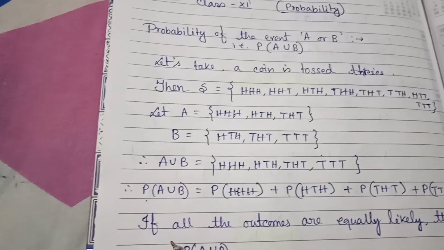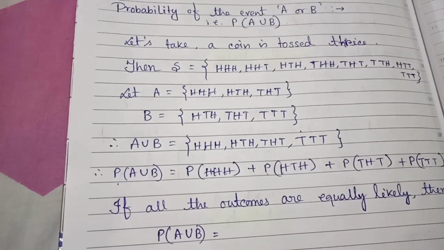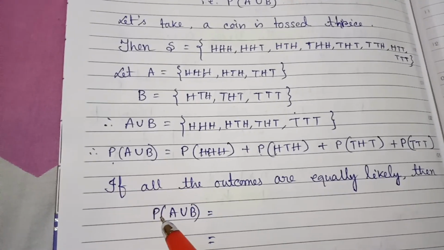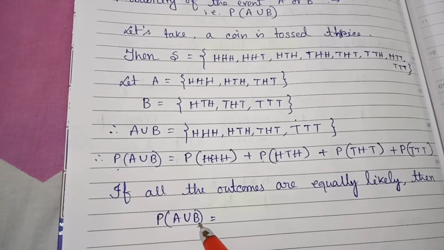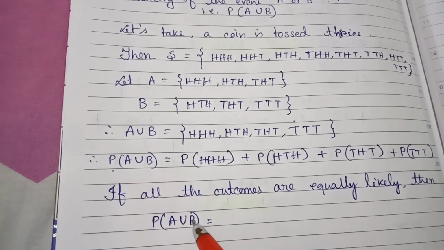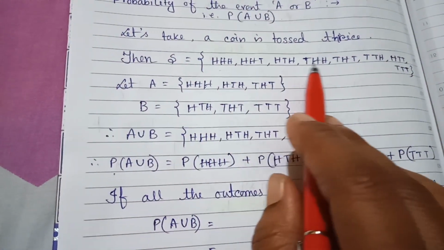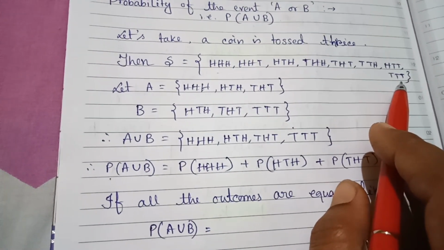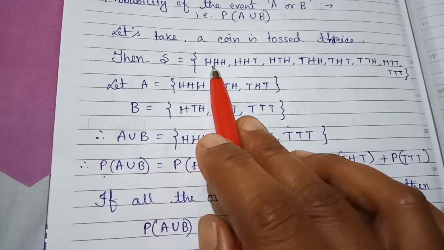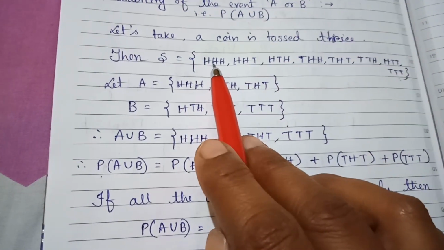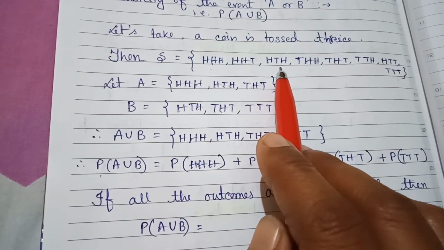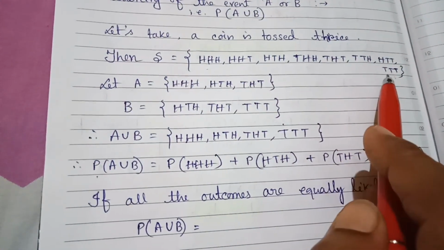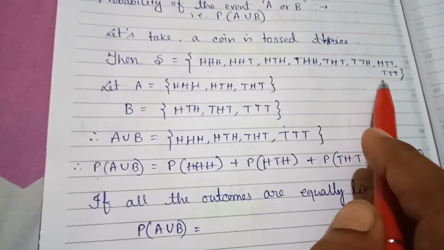Now, if all the outcomes are equally likely, then what will P of A union B be? First of all, the outcomes are equally likely. That means their probability will be equal to each other. So each element's probability will be 1 by 8, and ultimately all will have 1 by 8 as their probability.